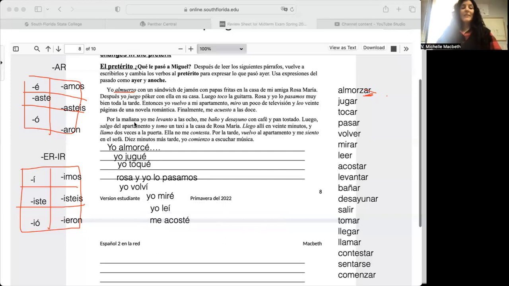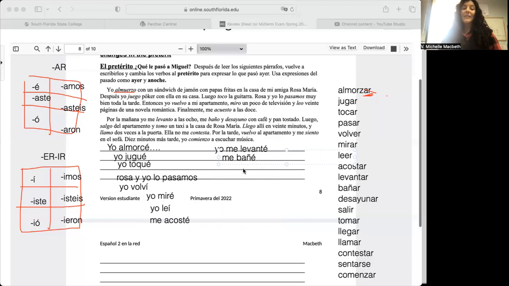Okay, so let's do the next paragraph. Por la mañana, yo me, so we have levantar, that's an AR, right? So, okay, we're going to do it again. Yo me levanté. We're going to put it in the past, right? Me baño, so we have me bañé, right? Because we're going to go back to bañar, right? And then here we're going to go back to desayunar.